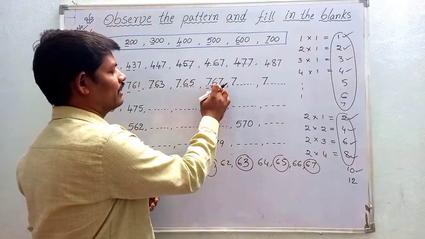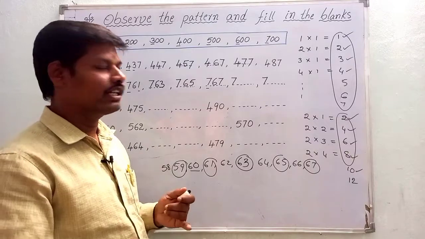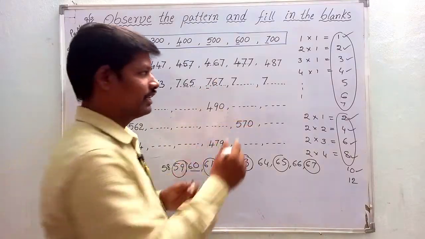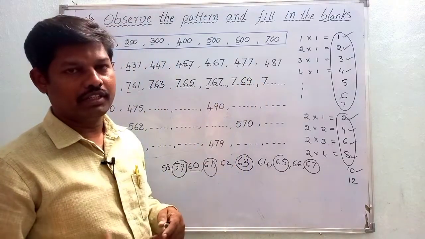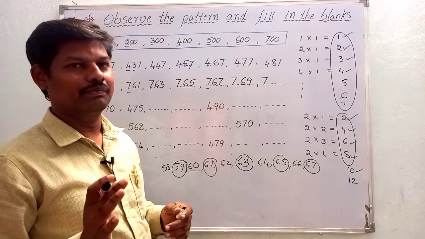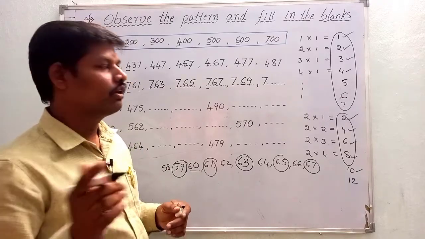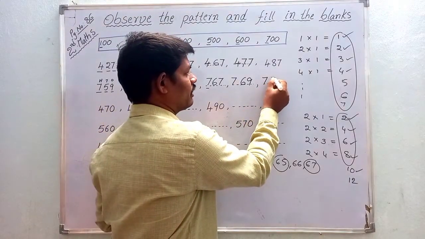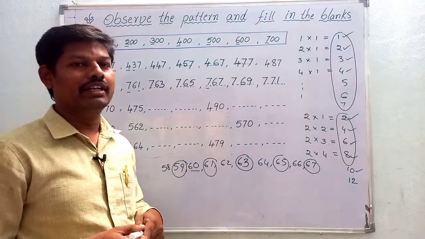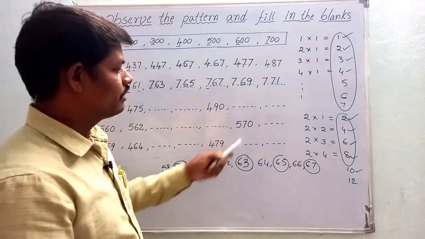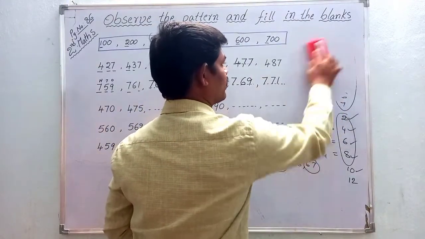Then 67 after 68, leave it and next one write 69. Next 69 after 70, we have to leave and write 71. So what is the number here? 71. Like that the second pattern came. I will rub it out, otherwise you will get confused.